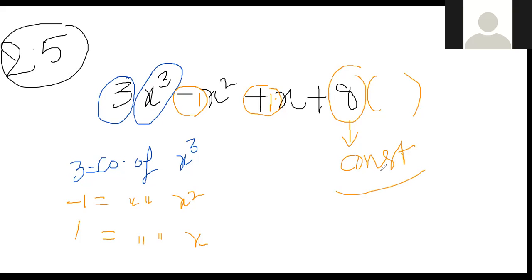Like terms and unlike terms: if the coefficients are equal, then you can call them like terms. If the coefficients are not equal, then you can call them unlike terms. Now, expressions. What is the meaning of expression? Equation is different, expression is different. For example, the equation 3x cube minus x square plus x plus 8 is equal to 8.